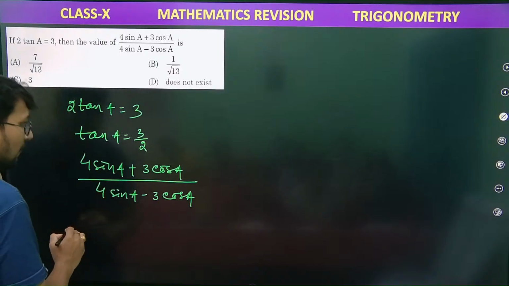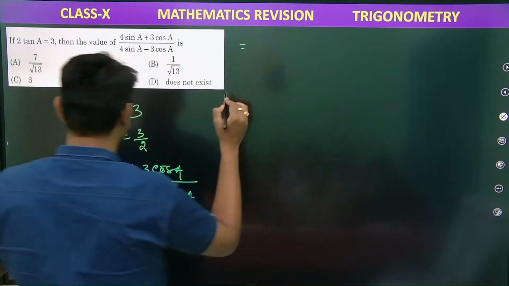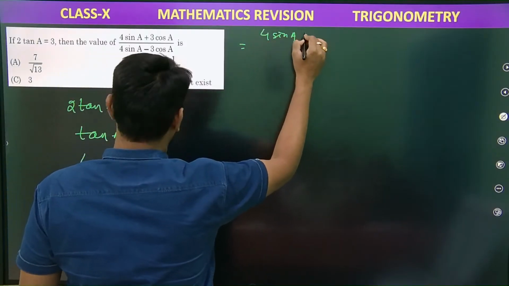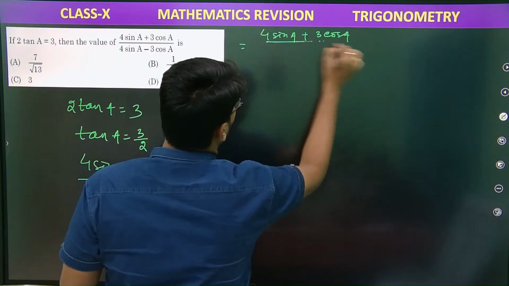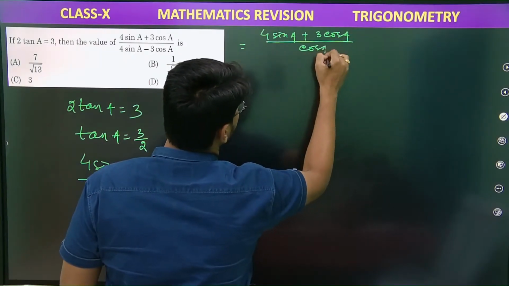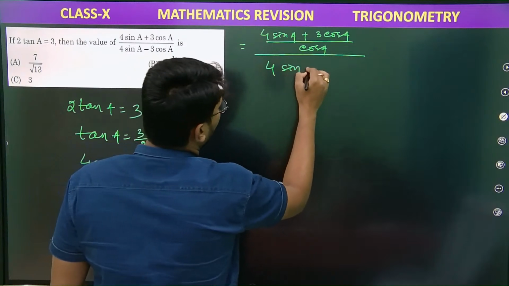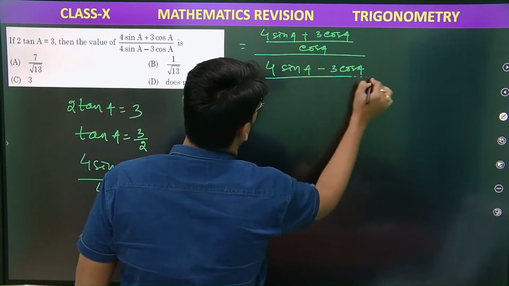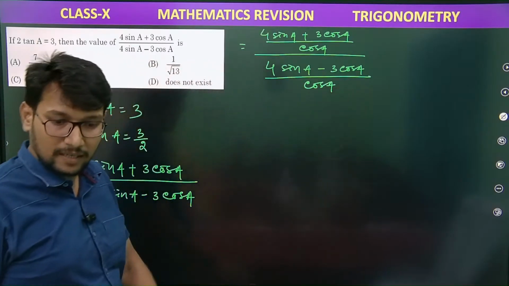So whenever we divide both numerator and denominator, this will become: 4 sin A plus 3 cos A by cos A whole, divided by 4 sin A minus 3 cos A whole divided by how much? Cos A. We have divided.